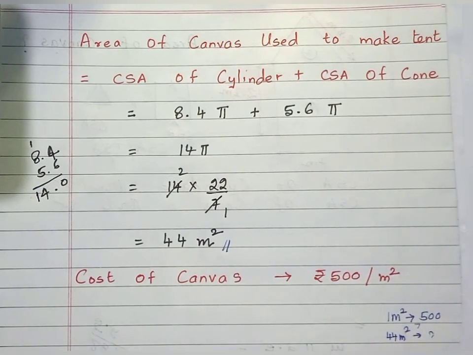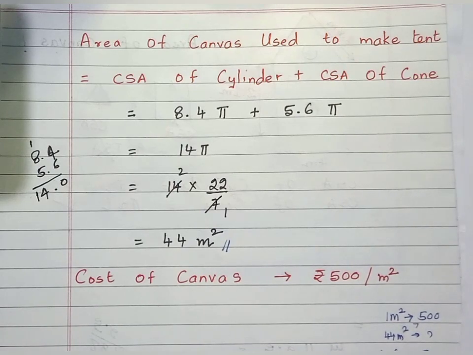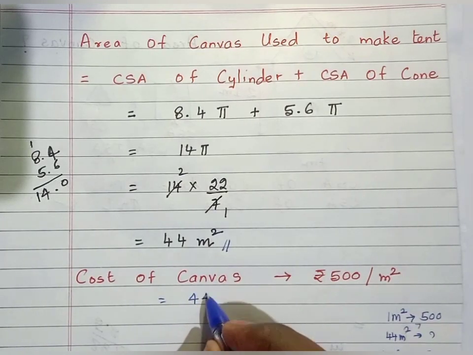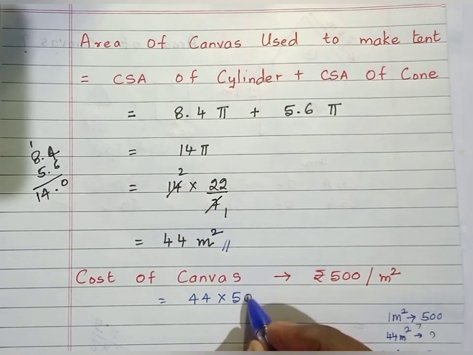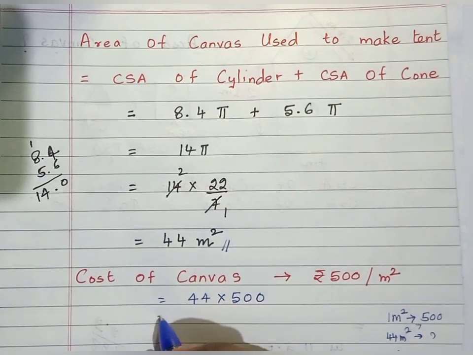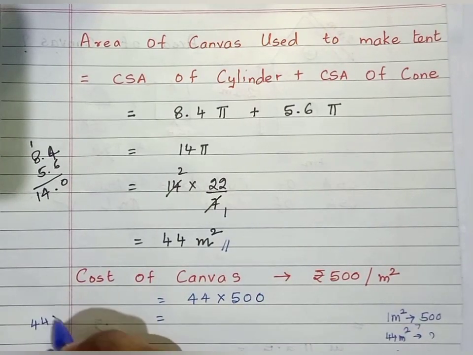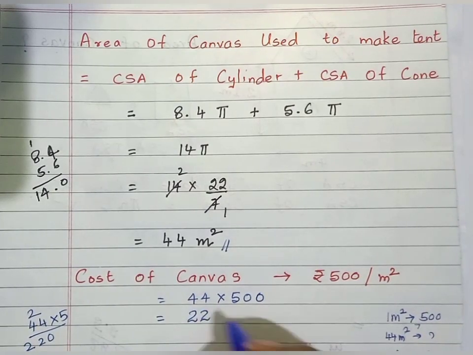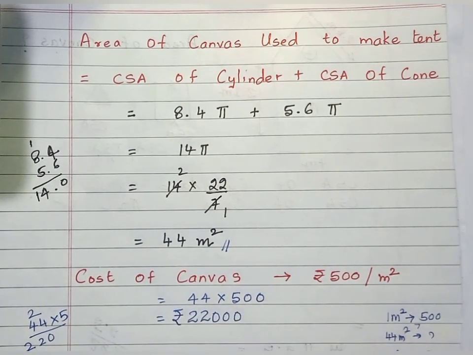You just need to multiply 44 into 500. For example, if the cost of a chocolate is 5 rupees, what is the cost of 10 chocolates? That is 50 rupees, 5 into 10. In the same way, 44 into 500. So you get 44 into 5 is 220, 5 fours are 20, 220, and then 2 zeros as it is. So rupees 22,000 is the cost of the canvas used to make the tent.